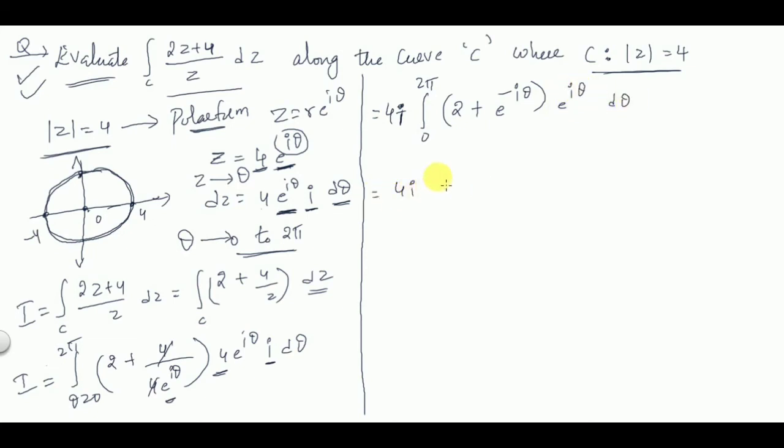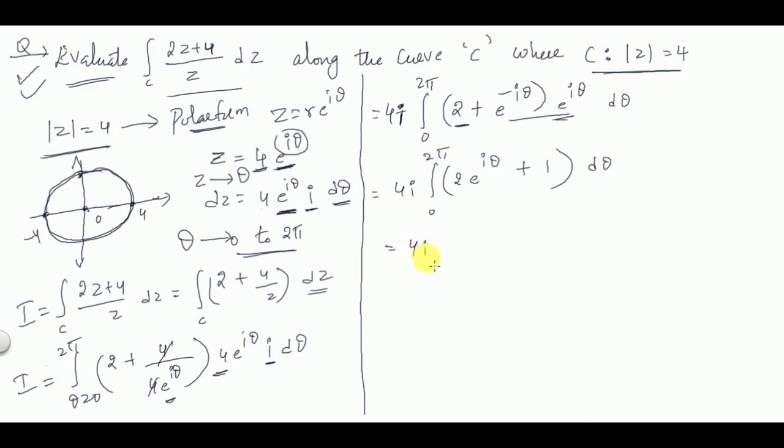So 4i into the integral from 0 to 2π. When you multiply 2 with e^(iθ), it becomes 2e^(iθ) plus 1. So e^(-iθ) and e^(iθ) get cancelled off, and you get 1 here, dθ.